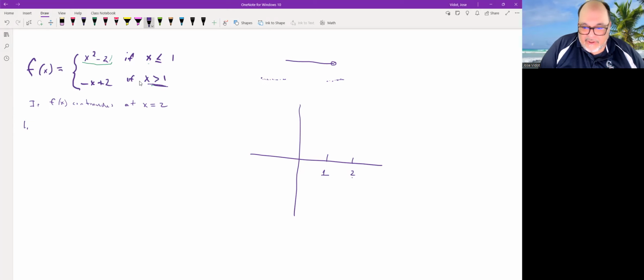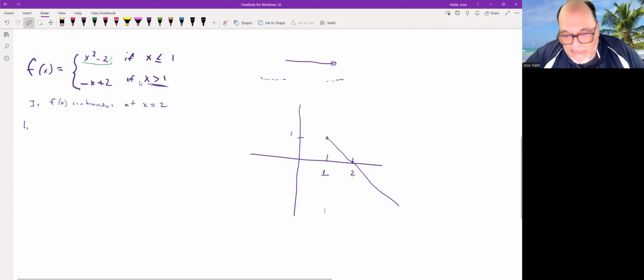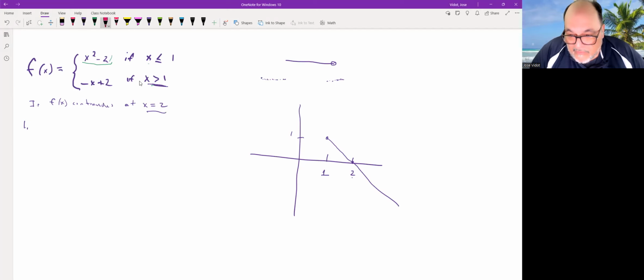So at 2, you're going to be at 0, and at 1, you're going to be at 1, and that's as far as you're allowed to go. And 1 has an open circle like this, and then this function goes like this. Since we're looking at 2, we're going to be analyzing going this way and going this way for continuity, which means we'll be dealing exclusively with this function.